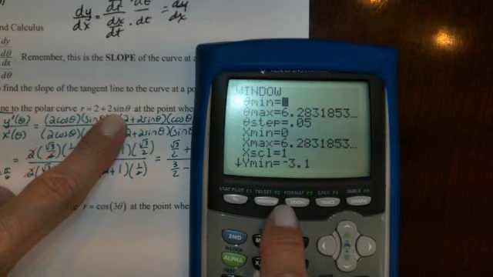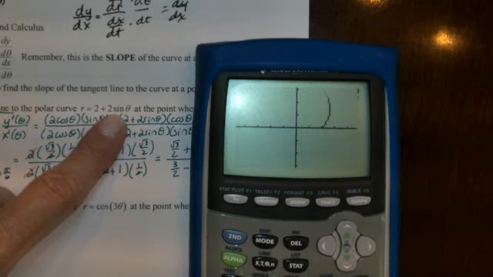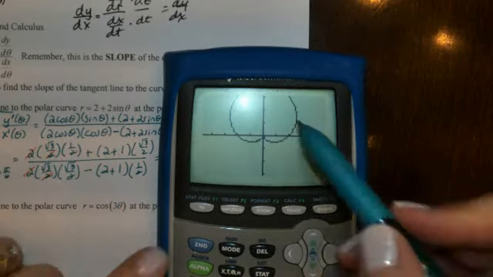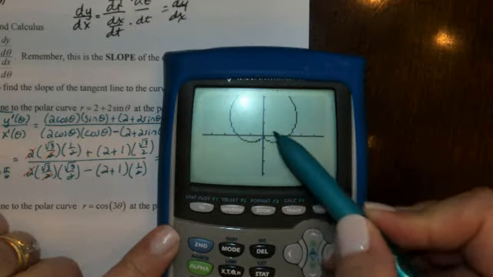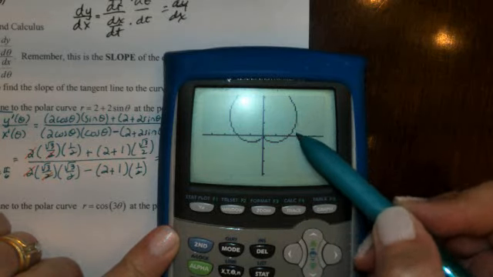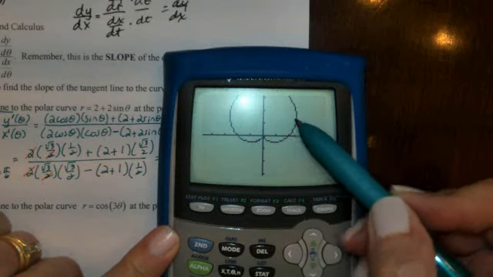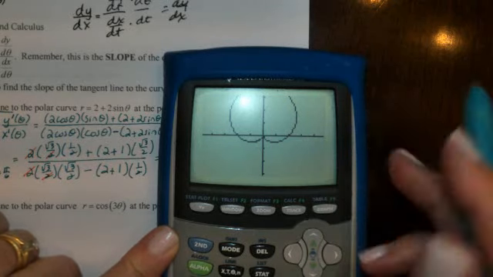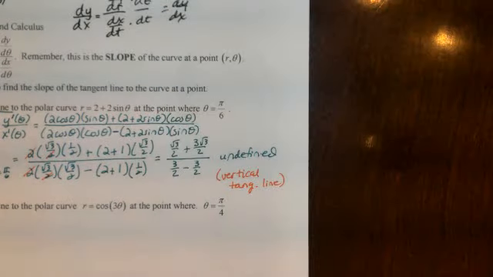And then I'm just going to zoom in. So at pi over 6, where's theta equals pi over 6? Theta equals pi over 6 is right here, right? Can you see that vertical tangent line, how that would be a possibility at theta equals pi over 6? I can. I hope you can. All right. Makes sense.